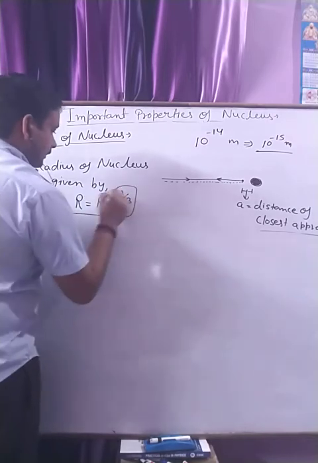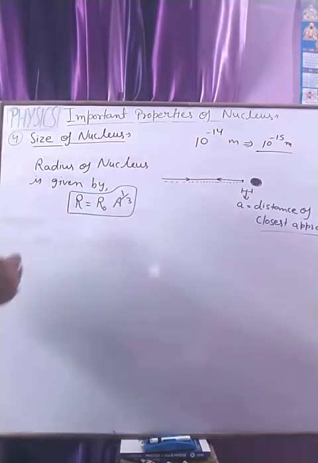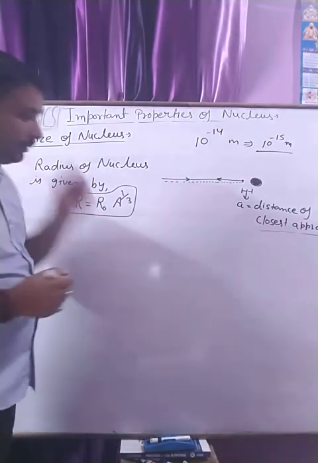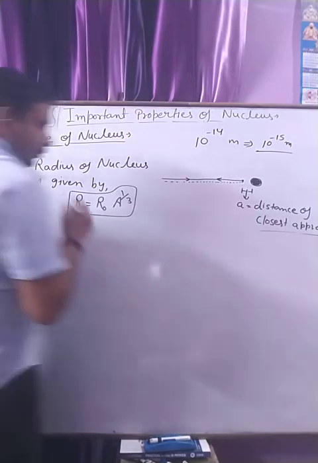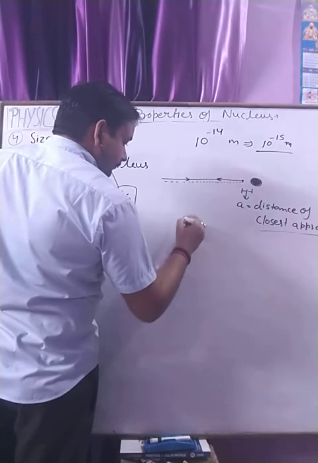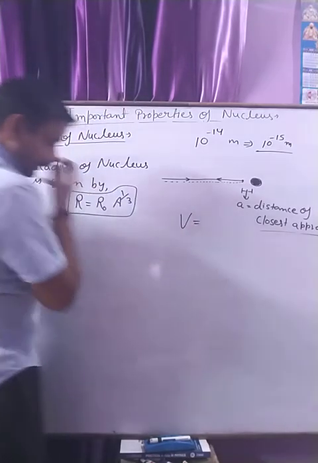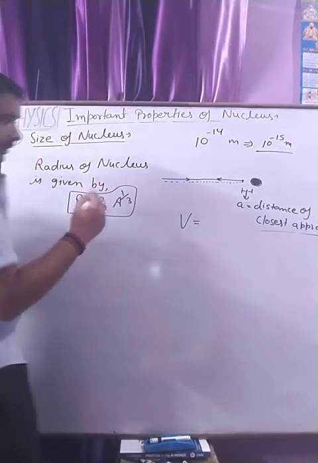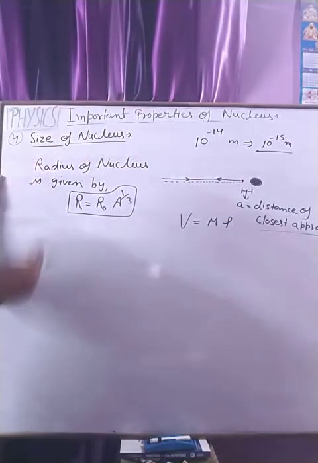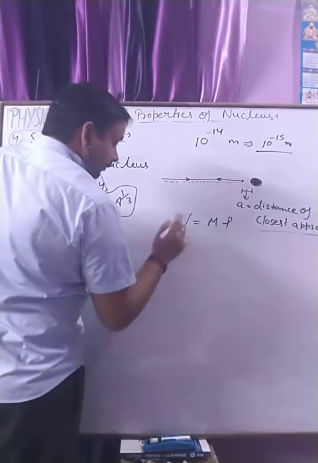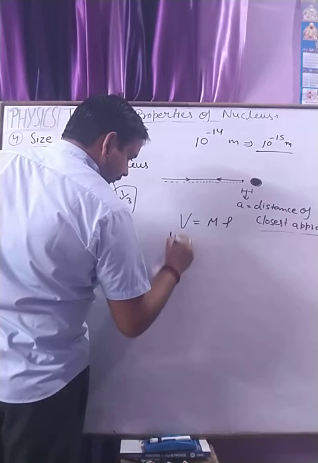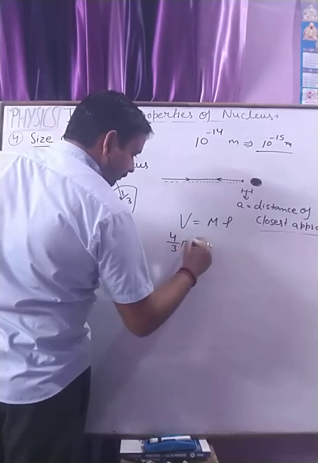This is the size of nucleus. This size of nucleus is calculated by using mathematical calculation. We know that the volume is given by mass into density, and we have the formula for volume as 4 by 3 pi R cube.